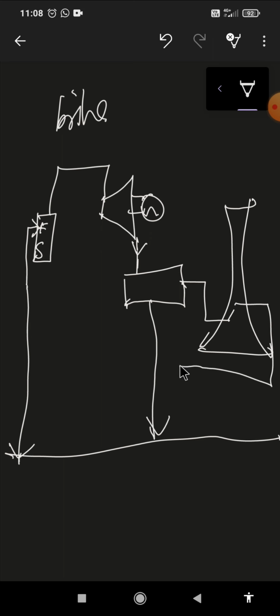There is cold water circulation from the condenser to the cooling tower, and so on. So this is the whole geothermal power plant.